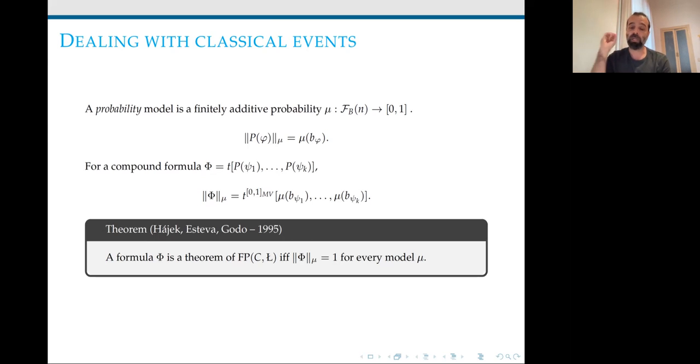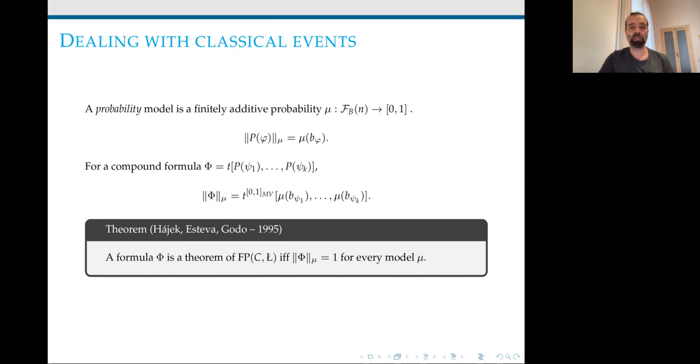Of course, probability logic is not truth functional, but since Lukasiewicz logic acts outside of the probability operators, that outer part is truth functional. So the whole logic is not, but the outside part of the logic is. And what Luis, Peter Hájek and Francesco Esteva proved is that the logic is sound and complete with respect to probability measures, so these probability models.